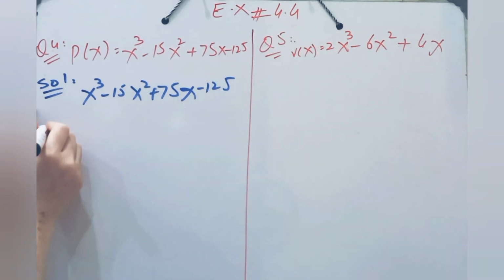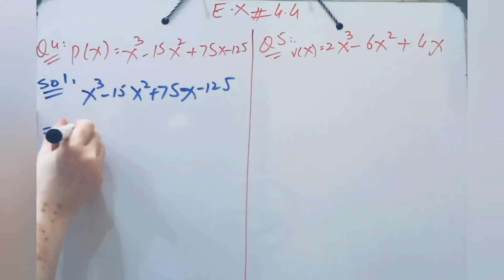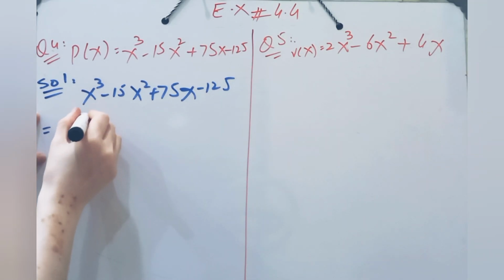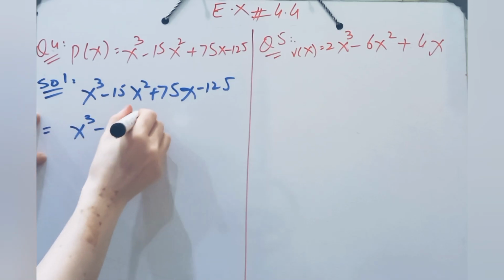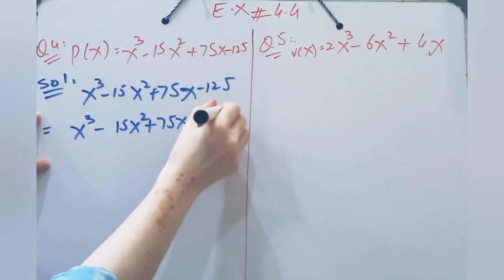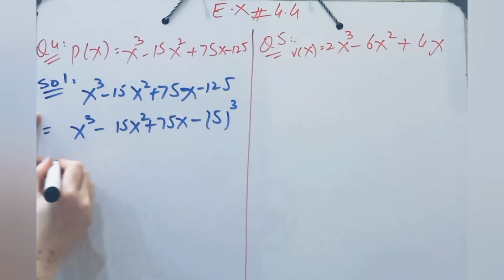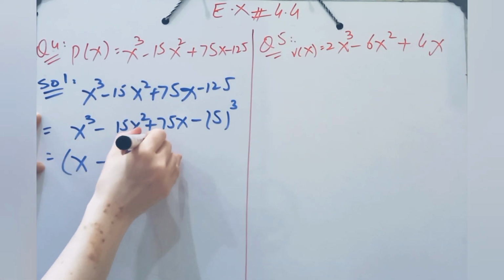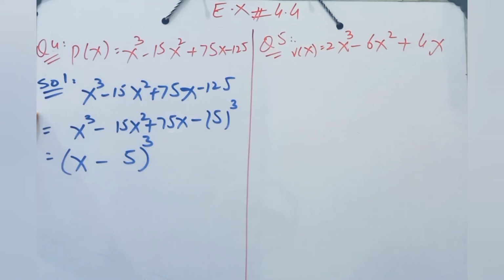Okay, so we solve according to the cube formula that we solved in exercise 4.2 question number 3 and 4. This is the cube of x, 15x square as it is, 75 is as it is, and 125 is 5 cube. So we close this formula into cubical form.